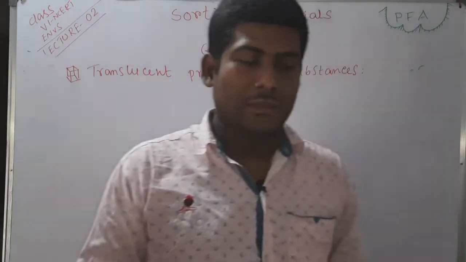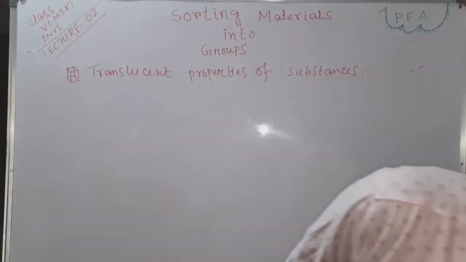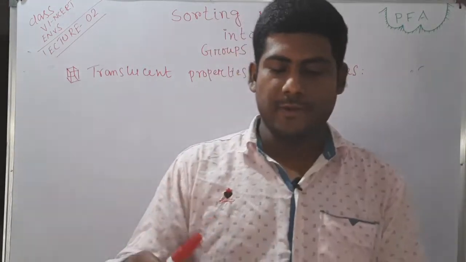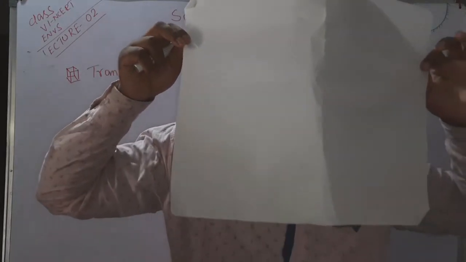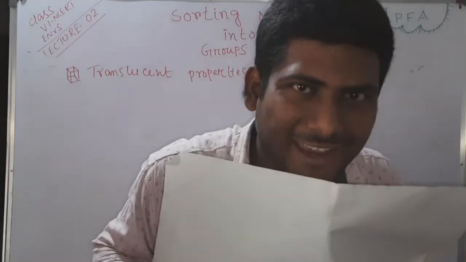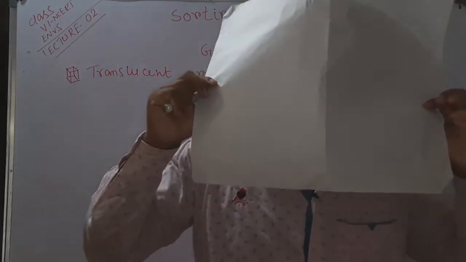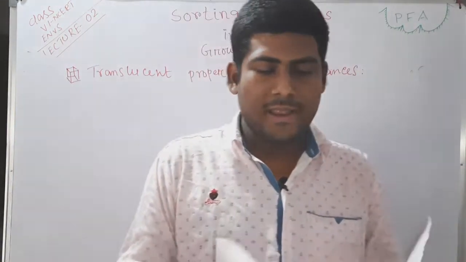Now we will see the translucent properties of substances. Now we will take help of a white sheet of paper. Now carefully observe me. Do you see me or not? I am hidden. Again, I hide behind the paper. You are not able to see my face when I cover it behind this paper.